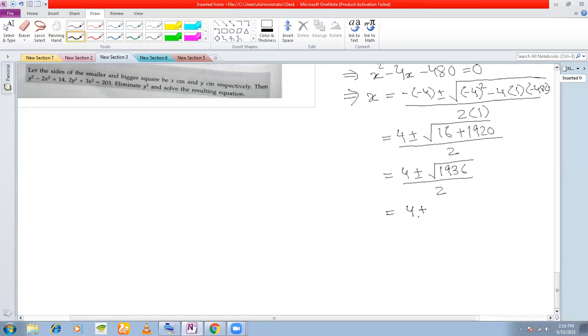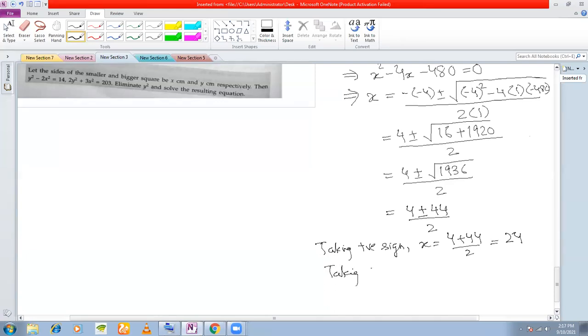By the division method, you can find the square root to be 44. In fact, we have solved this quadratic earlier also in some earlier problem. So taking the positive sign, you get X is equal to 4 plus 44 divided by 2, 48 by 2, which is 24.